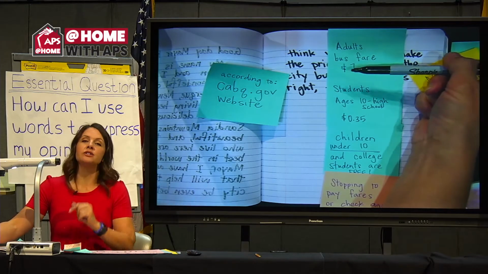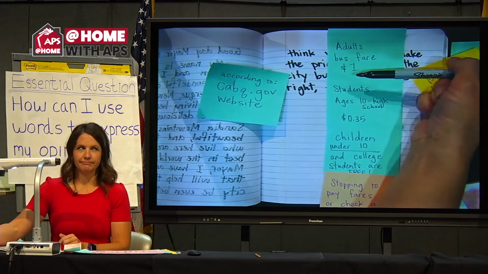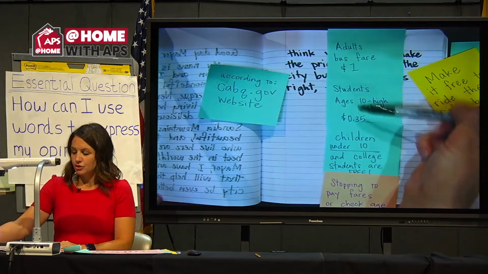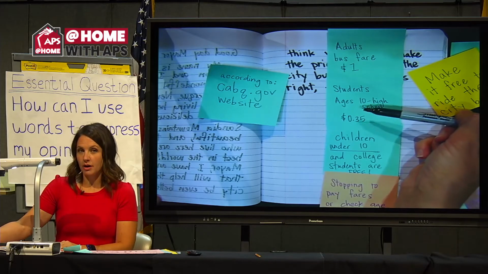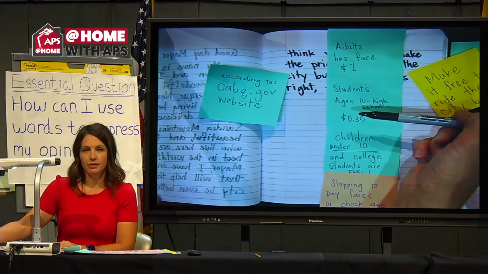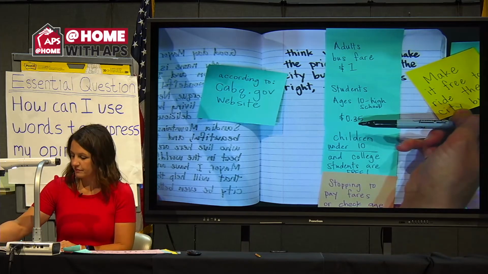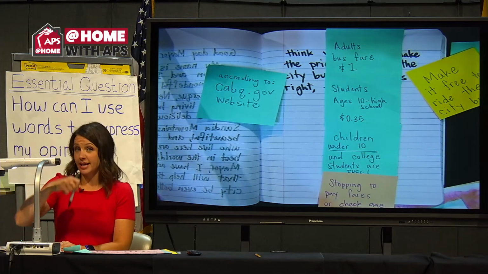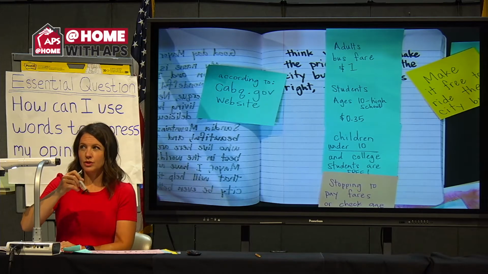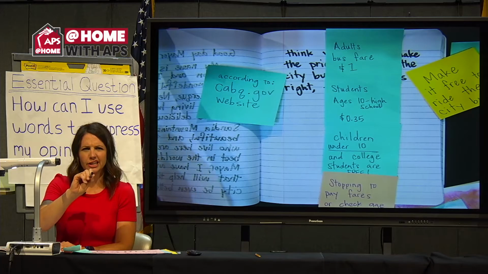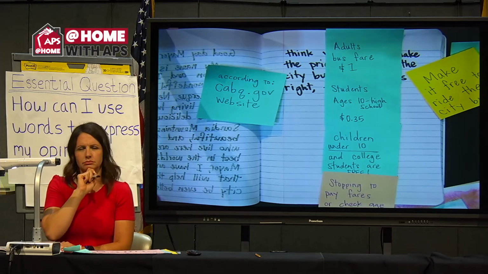Adults pay $1 to ride the bus. That doesn't sound like a lot. Students who are age 10 through high school pay 35 cents. Children under 10 or students who go to the universities are free.